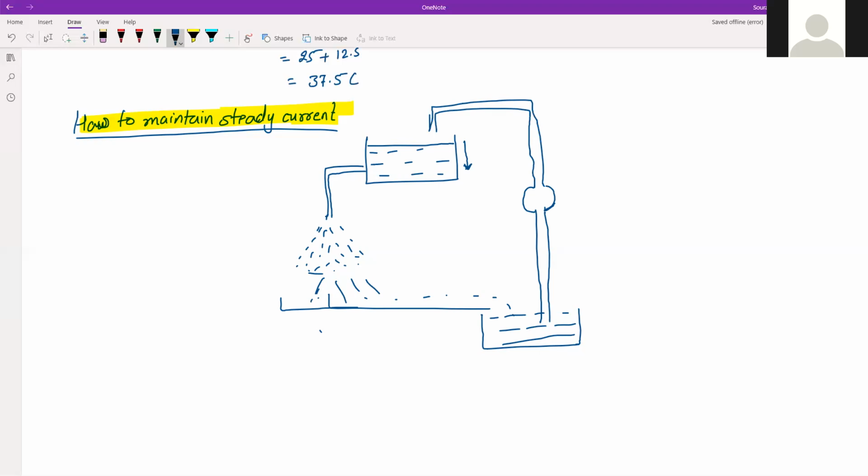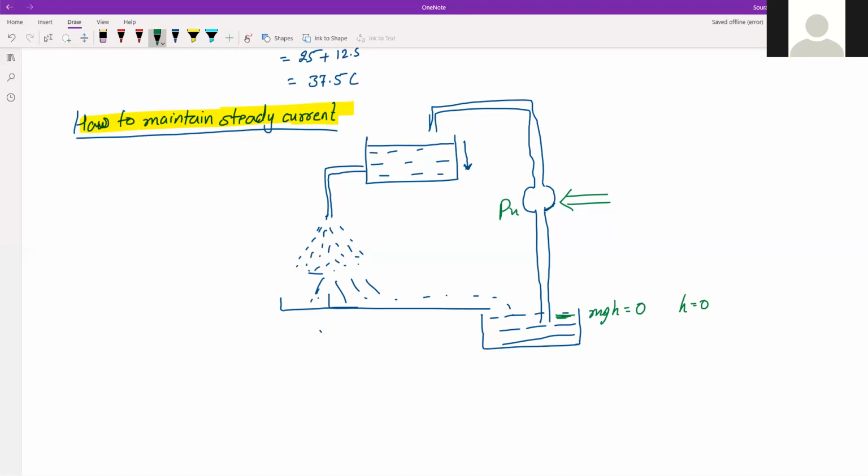What we have actually done here is we have kept something here which increases its potential. Here the potential mgh is equal to 0, because height is equal to 0. We lift it up using this pump.